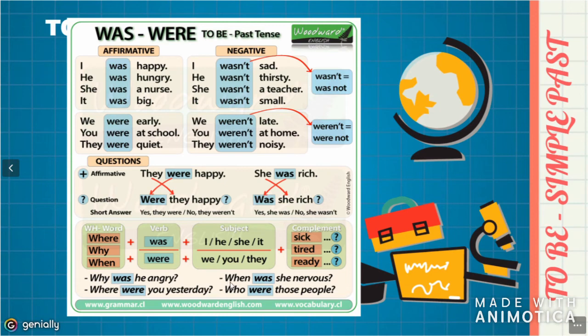When was she nervous? O who were those people? Entonces, el verbo to be, si se fijan acá, no necesita de un auxiliar, ni en preguntas, ni en negativos. El verbo to be no utiliza un auxiliar. Es distinto al resto de los verbos. ¿Ya?